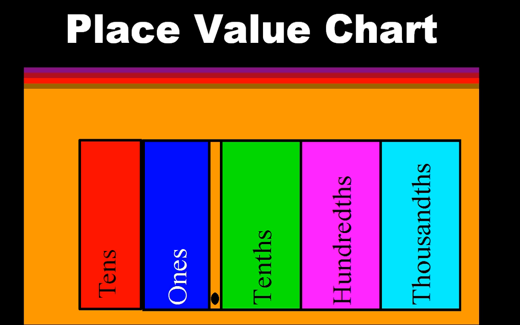Here is a chart that helps explain place value and also helps you with the pronunciation with the last sound in the word illustrated above. Tens, ones, tenths, hundredths, and thousandths.